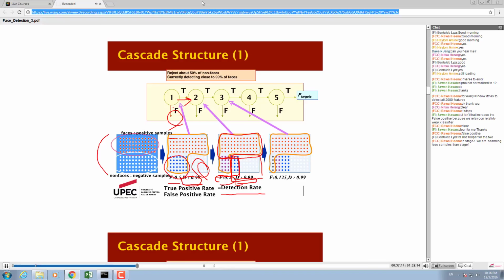Then the filtered results that still include some negative samples will be transferred to stage 3. So in stage 3 we will have fewer samples, fewer windows, filtered by stage 1 and stage 2.